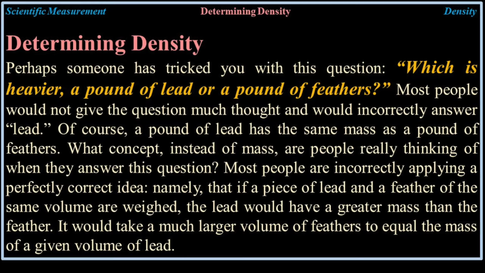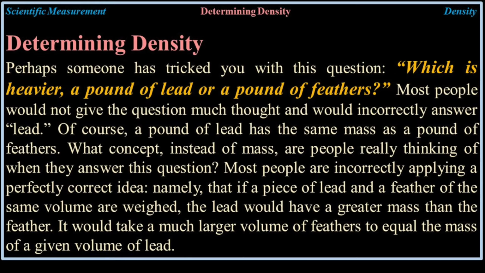Determining density. Perhaps someone has tricked you with the question, which is heavier, a pound of lead or a pound of feathers? Most people would not give the question much thought and would incorrectly answer lead. Of course, a pound of lead has the same mass as a pound of feathers. What concept instead of mass are people really thinking of when they answer this question?